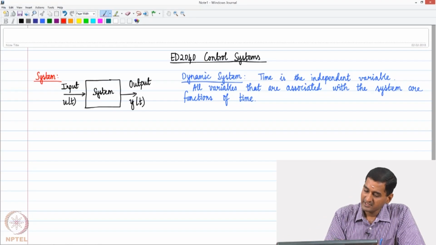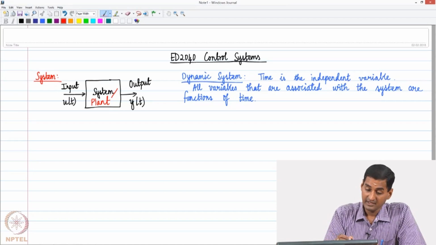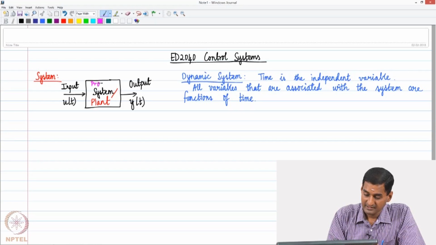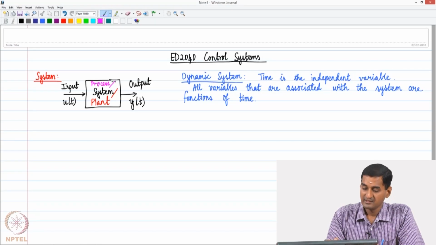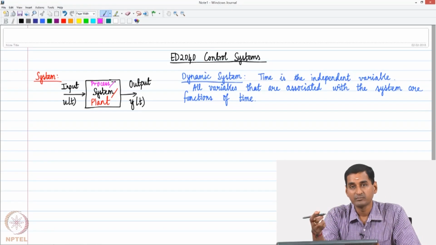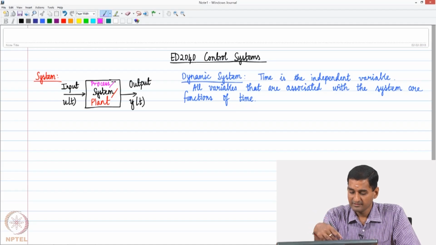Once again, there are alternative terms for the system, like some would call this system a plant. Okay. If you go to chemical engineering, for example, they would be dealing with processes, so a process is also visualized as an entity to which we give an input and we get an output, right. There are various terms that are typically used.